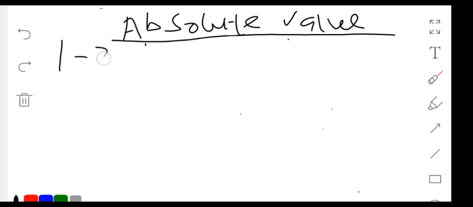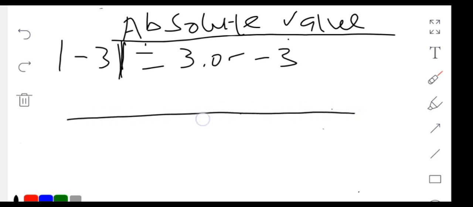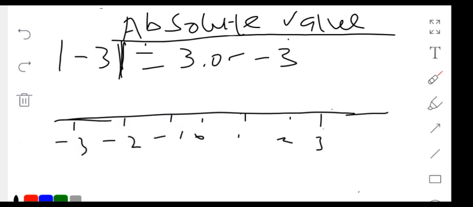the absolute value of minus 3 on a number line now. So we already know it could be 3 or minus 3. That's the absolute value of minus 3. If you want to represent it on the number line, this will be 0, 1, 2, 3, and this will be minus 1, minus 2, minus 3.